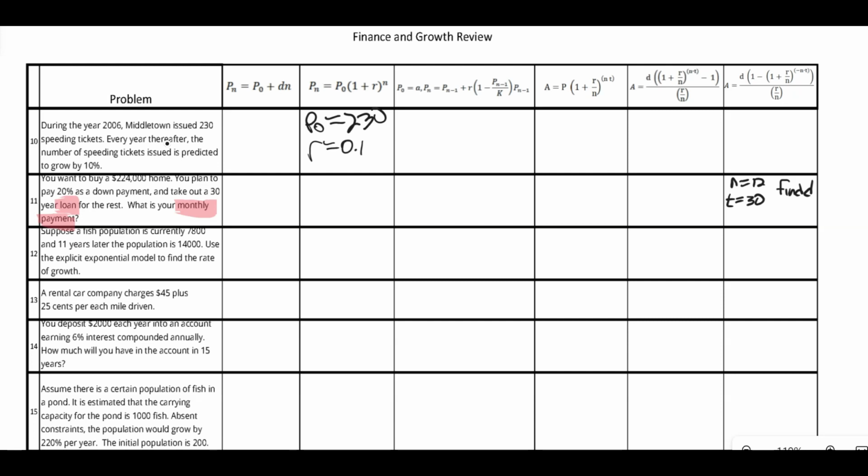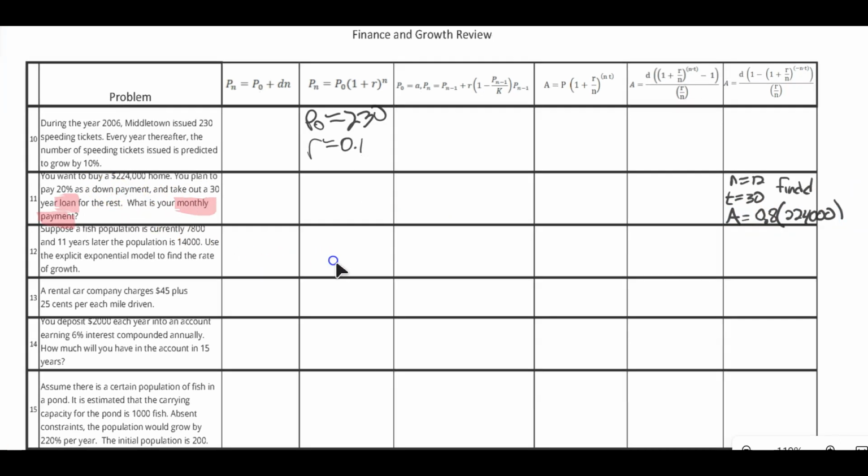I do not know the rate, and I also do not know A directly, but I do know that A would be 80% of the $224,000 because we paid 20% down, so we don't have to borrow that from the bank. So just the 80% left over of the $224,000, that's what would be in the account when we first borrowed this money from the bank. That's A. So we would still need R to answer this question.